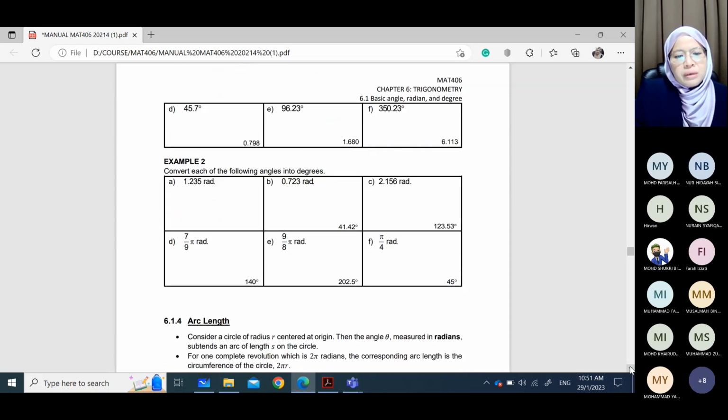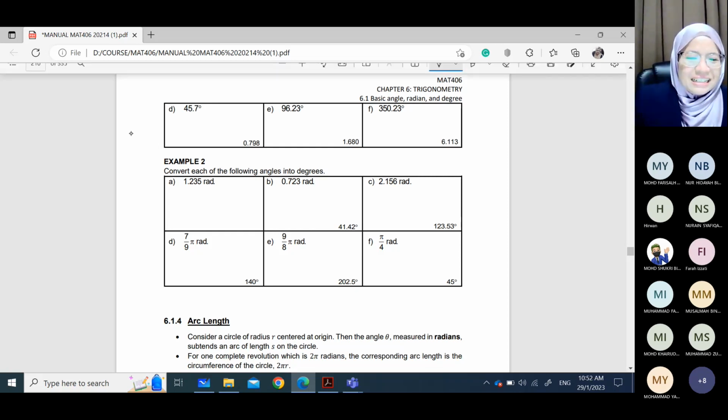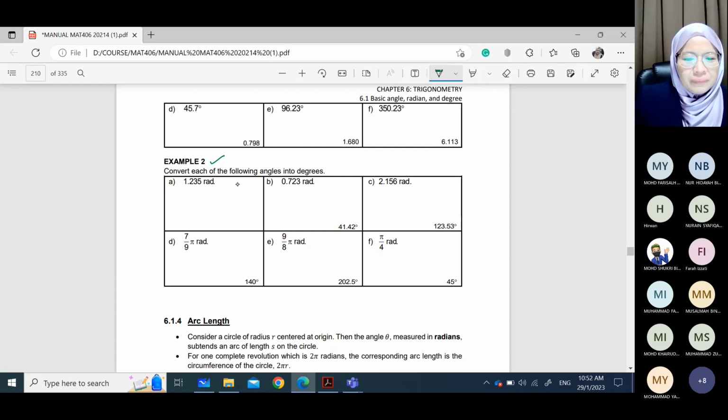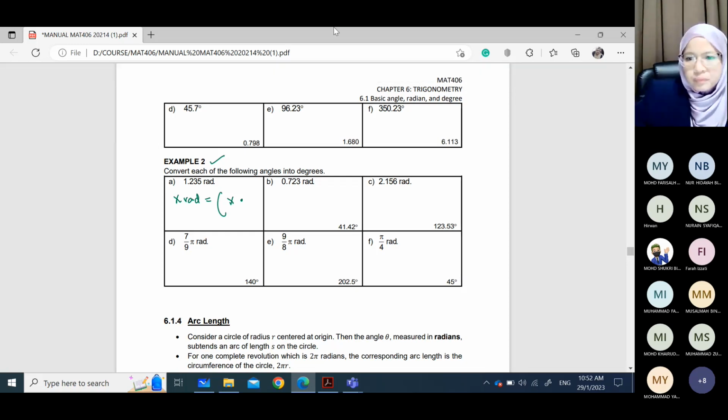So next kita nak convert daripada radian kepada degree. Okay, example 2. From radian to degree. Okay, so yang ini kita guna formula x radian is equivalent with x times, darabkan dengan 180 degrees over pi.